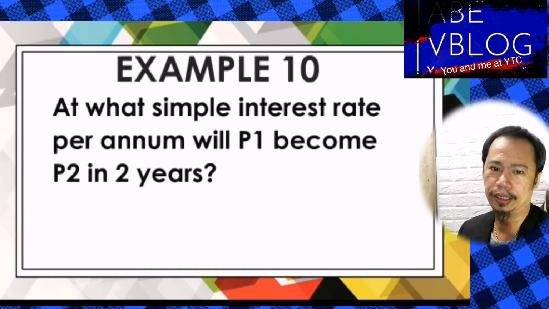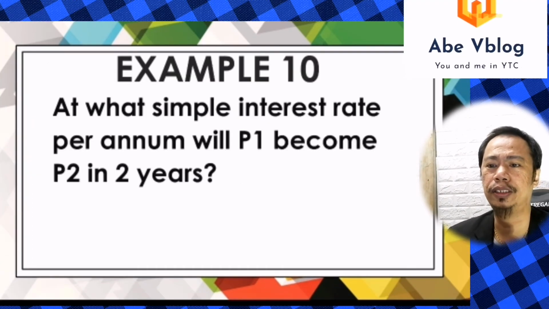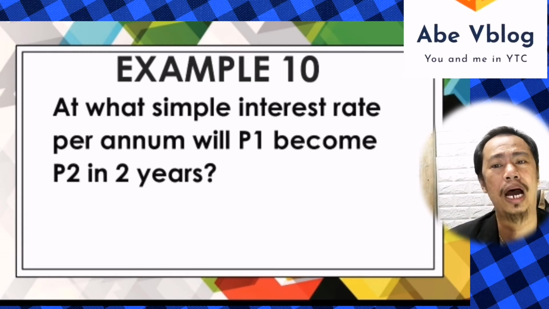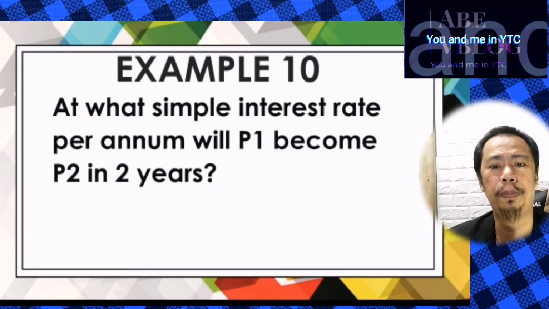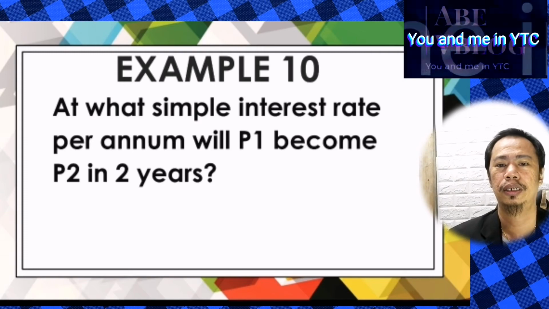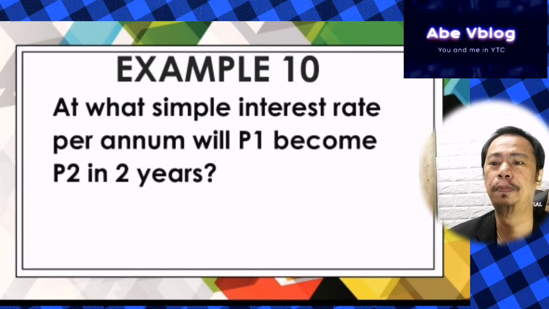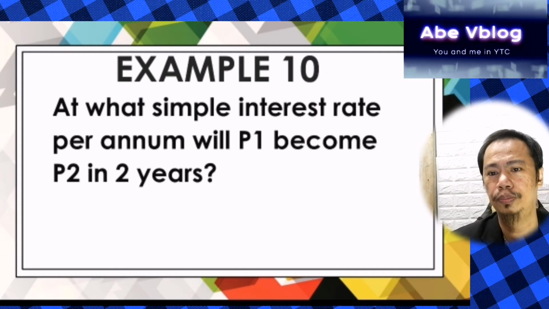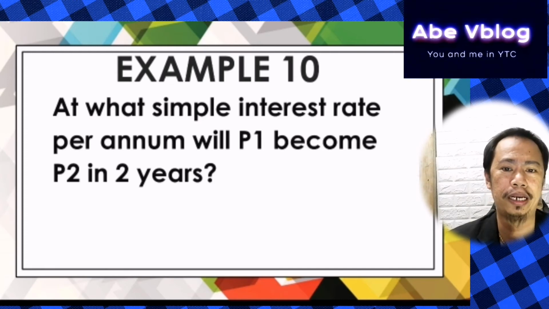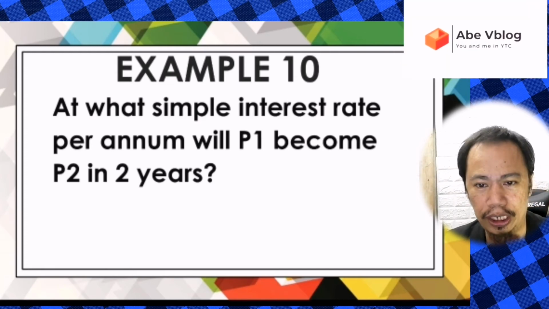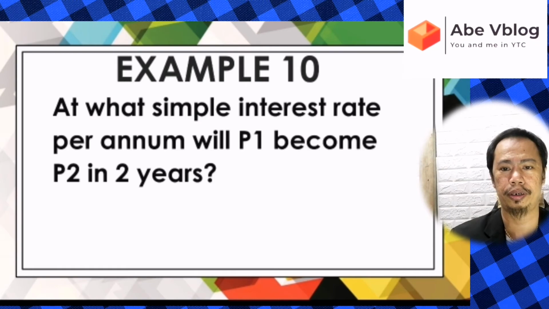Example number 10. What simple interest rate per annum will make 1 peso become 2 pesos in 2 years? Again, what simple interest rate per annum will make 1 peso become 2 pesos in 2 years?